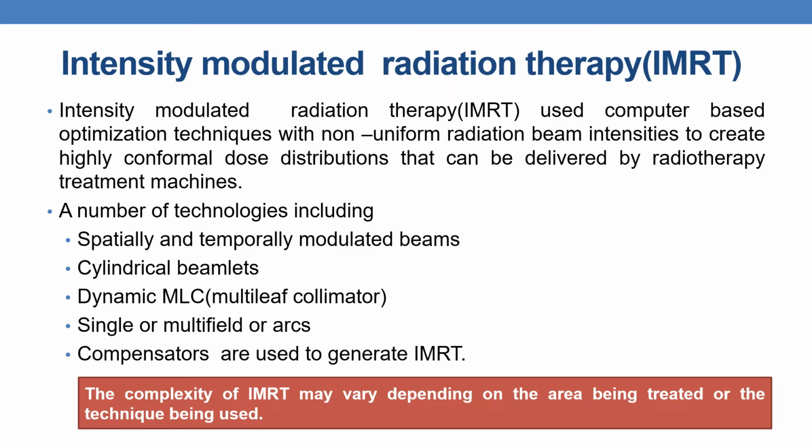Now coming to intensity modulated radiation therapy, which is nothing but IMRT. Intensity modulated radiation therapy uses computer-based optimization techniques with non-uniform radiation beam intensities to create a highly conformal dose distribution that can be delivered by radiotherapy treatment machines.